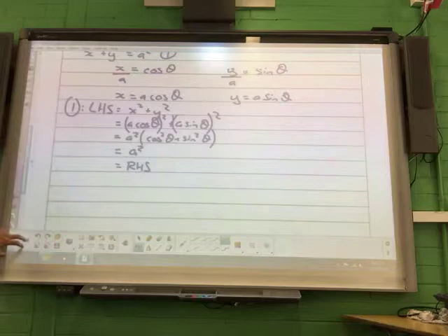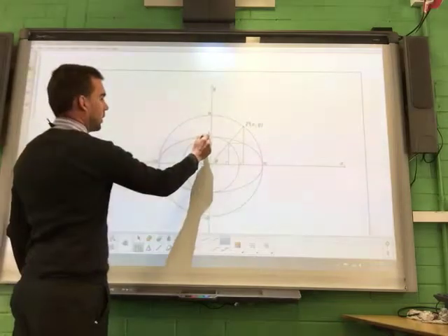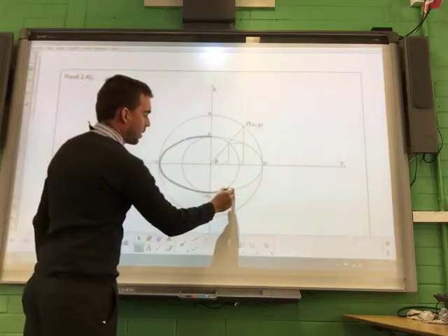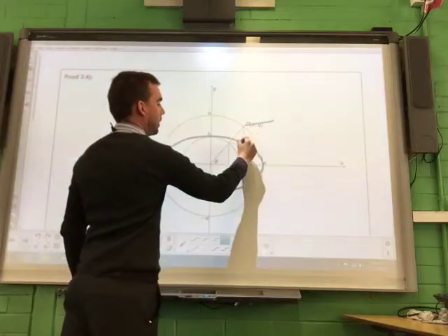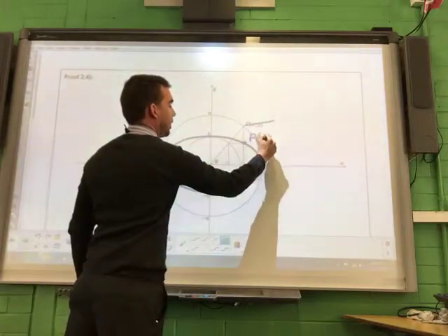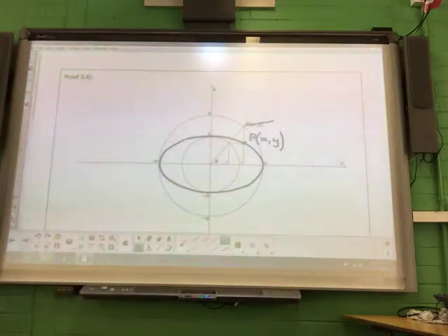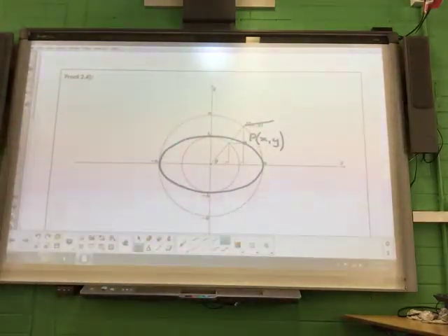We've done that to better illustrate what we're doing here. So we've got our ellipse. What I've done is draw the circle of radius A, and also the circle of radius B, inside and outside the ellipse but still touching the respective boundary.